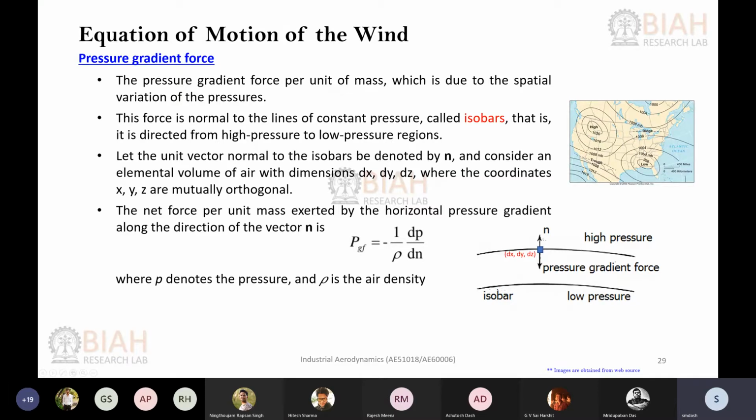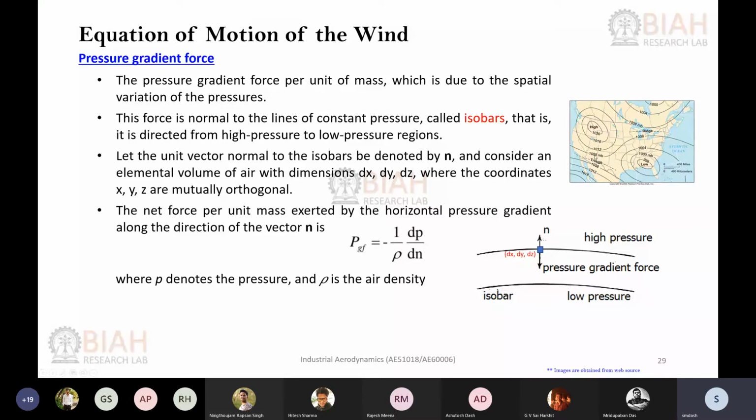In some locations you will see solid lines, some circulating around a point. These are generally called isobars. Isobars means they have the same pressure. These lines connect those locations where you experience the same pressure.